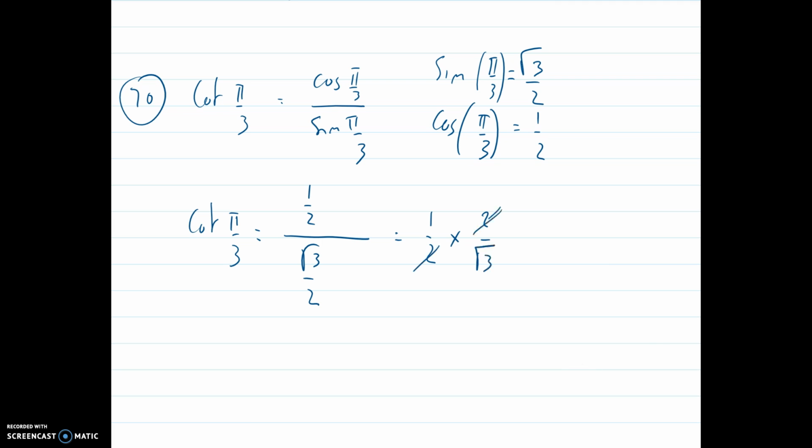The 2s divide out, and I end up with 1 over square root of 3. If I rationalize, which means I get rid of the square root of 3 on the bottom by multiplying top and bottom by square root of 3, I end up with square root of 3 divided by 3 for problem number 70. Let's try to do another one.